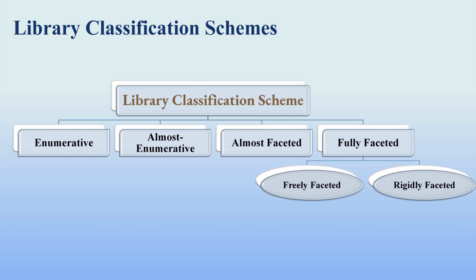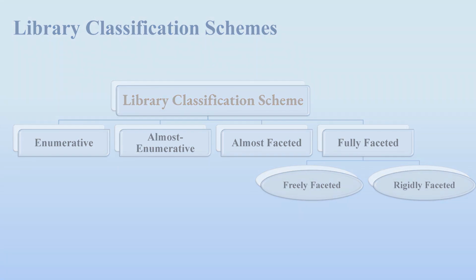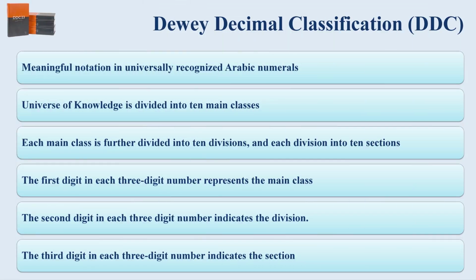As in the present session we are concentrating on DDC, before we start we should throw some light on the characteristics and structure of the Dewey Decimal Classification. In DDC there are 10 main classes, as Dewey has subdivided the entire universe of knowledge into 10 main classes, from 0 to 9.